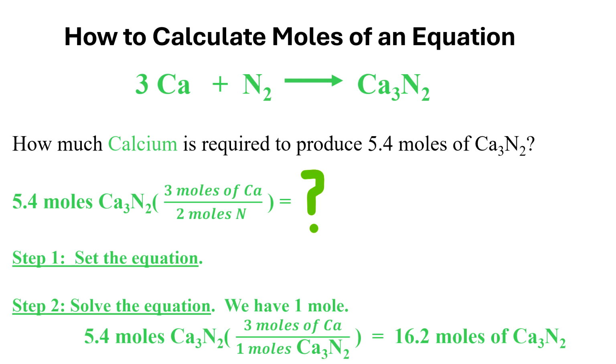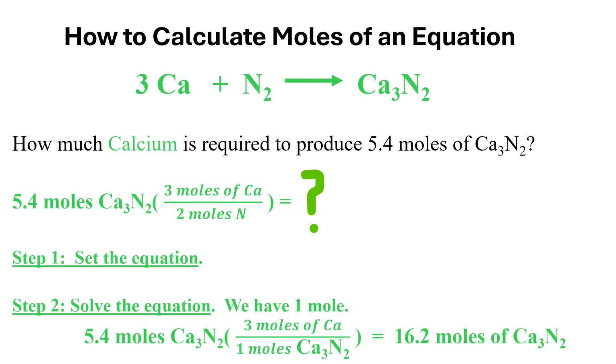And so that's where your molarity or the number of moles comes in. Now you have to be careful. It is 1 mole of Ca3N2 and 3 moles of Ca is going to give you a product. So you need to set the equation. You don't have to combine like terms, you don't have one.